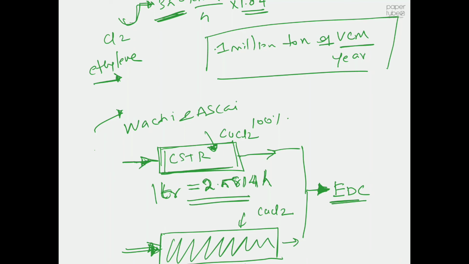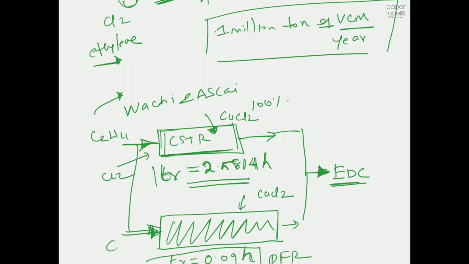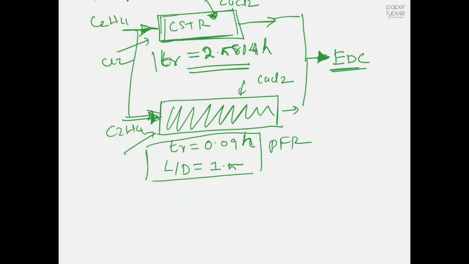Ethylene goes inside, chlorine goes inside, HCl goes inside, and then we get ethylene dichloride. Now we need to convert ethylene dichloride into vinyl chloride monomer, but before that we need to purify this ethylene dichloride.